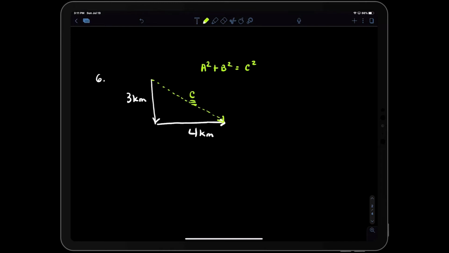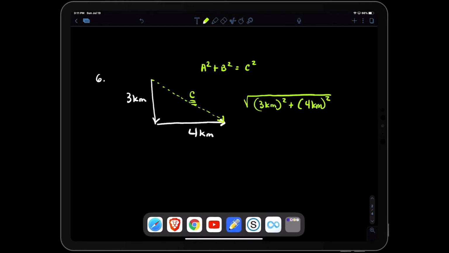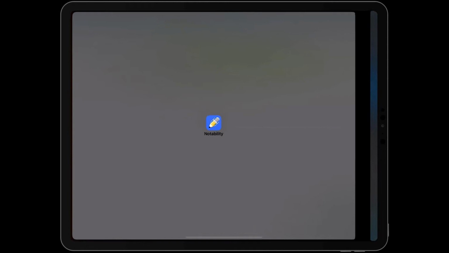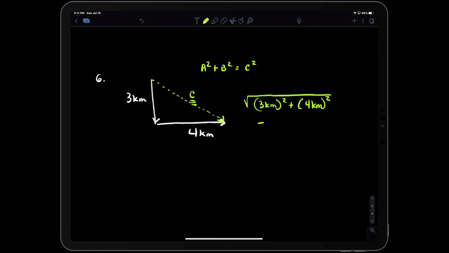So we have the square root of 3 kilometers squared plus 4 kilometers squared. All right. Calculator time. We bring this up. We go square root. We have 3 squared plus 4 squared equals, and it comes up to be 5. So Jose would be 5 kilometers away from where he started.